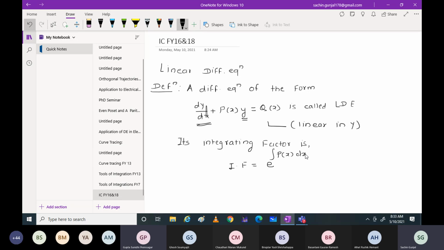Yeah, you are correct. Good. And at that moment you were writing this directly, isn't it? Because you were not knowing how to find integrating factor. But can you tell me how do you find this integrating factor now? Because you know how to find integrating factor.